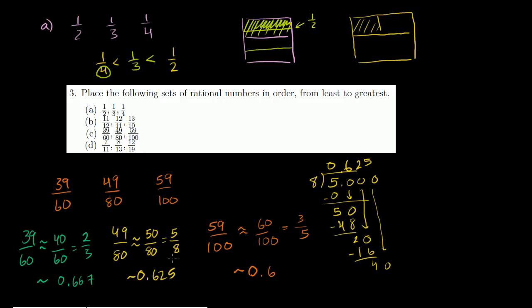So if you put them in order, the smallest is 59 over 100, followed by 49 over 80, followed by the largest, which is 39 over 60. That might be a little unintuitive because this has the smallest number in the numerator, but it also has the smallest number in the denominator. So you actually have to work it out. They're actually reasonably close to each other.